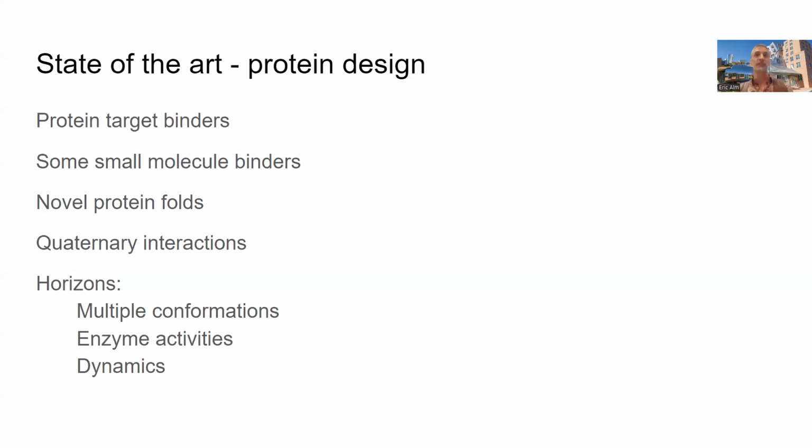There's been impressive work designing quaternary interactions, so complexes of proteins that fit together. And we're moving toward the horizons of identifying proteins with multiple conformations or different enzyme activities, or really designing in different dynamics in these proteins.